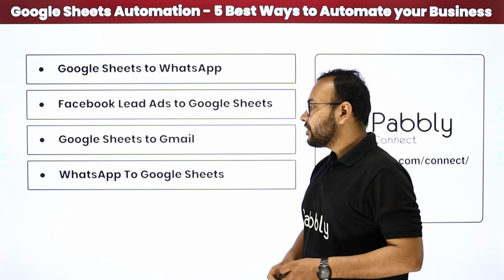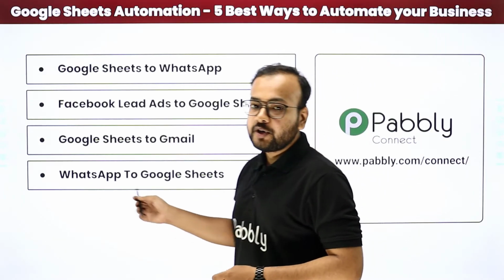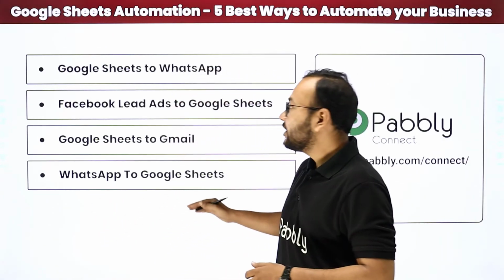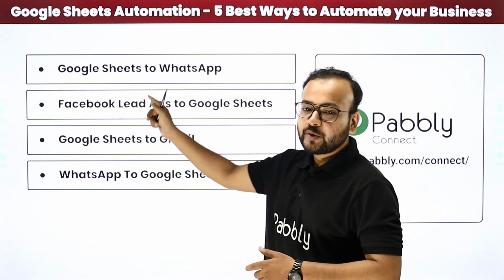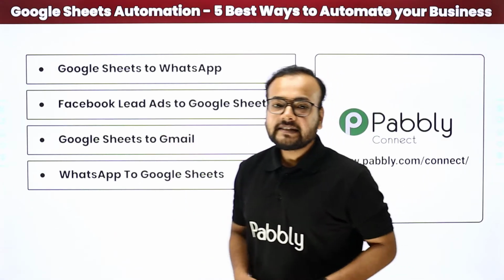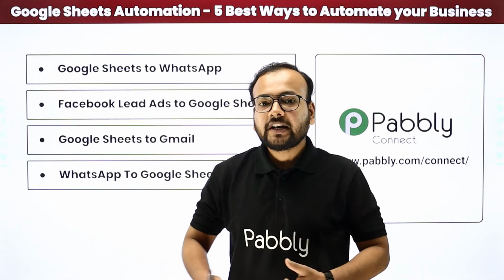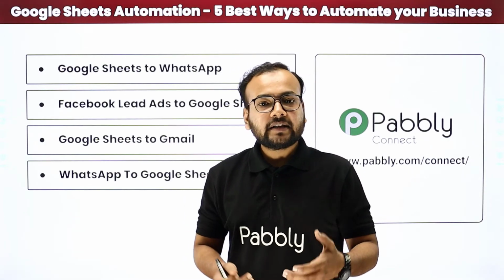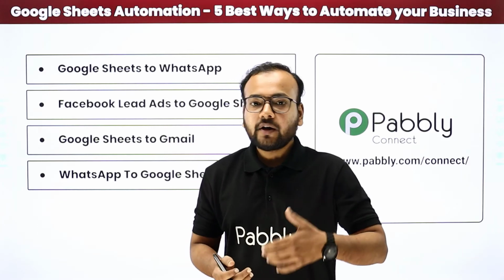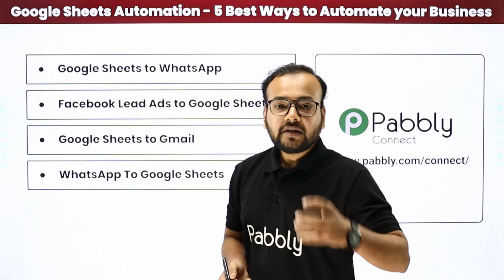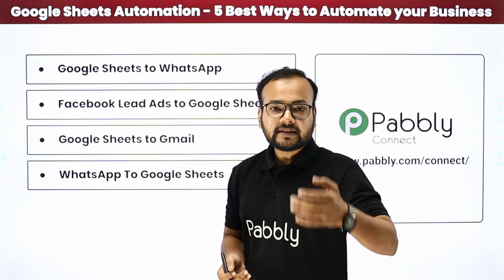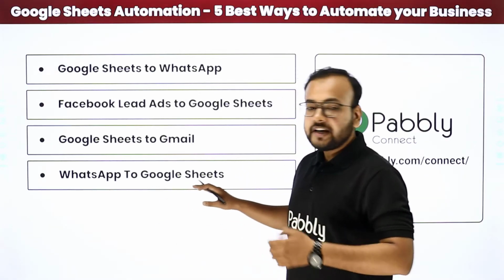So the next automation we have is WhatsApp to Google Sheets. So we have created this automation in the reverse order of the first automation. Here guys, let's say you are chatting with your customers on WhatsApp, or you have a team chatting with your customers and they are collecting the feedback or queries or user stories on WhatsApp, and you want to collect some insights, some messages, some queries here in the spreadsheet application.